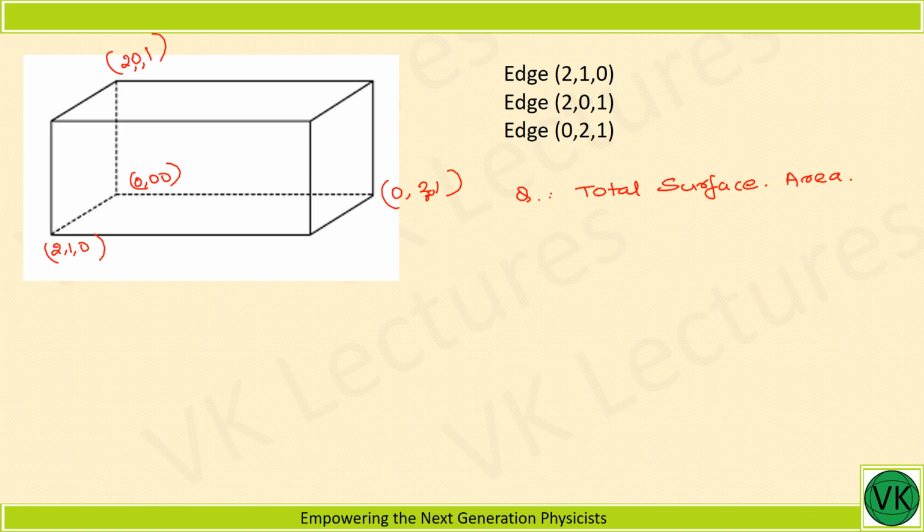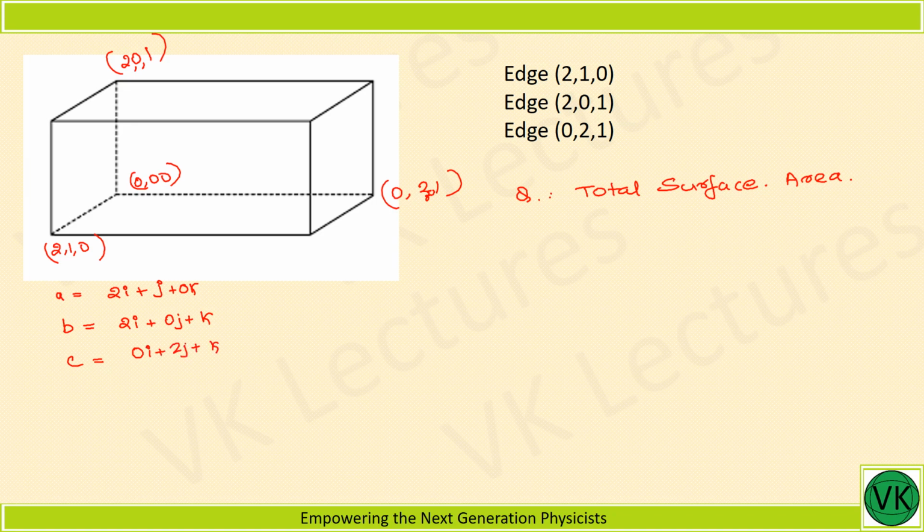These are the vectors. So you can write A is equal to 2i plus j plus 0k, b is equal to 2i plus 0j plus k, and c is equal to 0i plus 2j plus k.